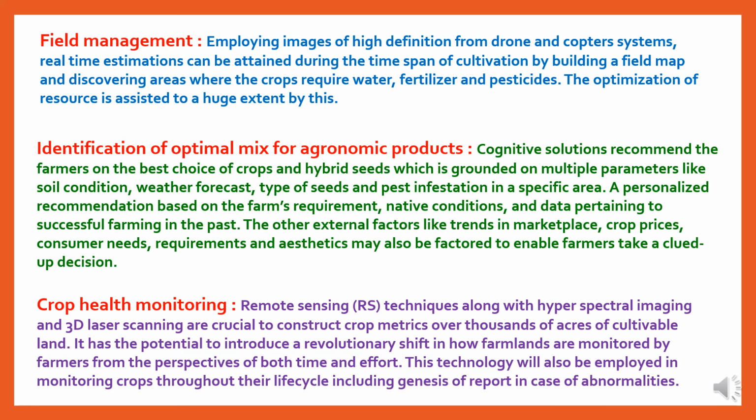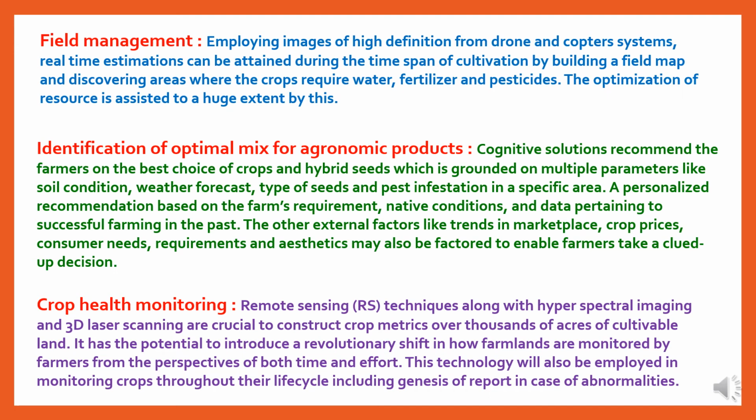Another use of computer vision is field management. Employing high definition images from drones and copter systems, real-time estimations can be attained during the time span of cultivation by building a field map and discovering areas where the crops require water, fertilizer and pesticides. The optimization of resources is assisted to a huge extent by this method.